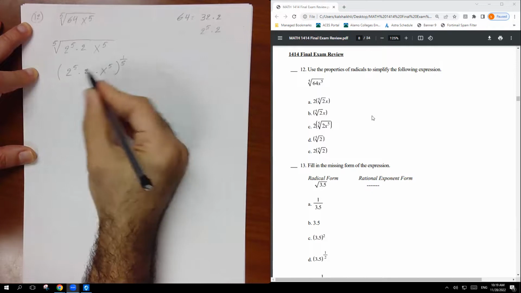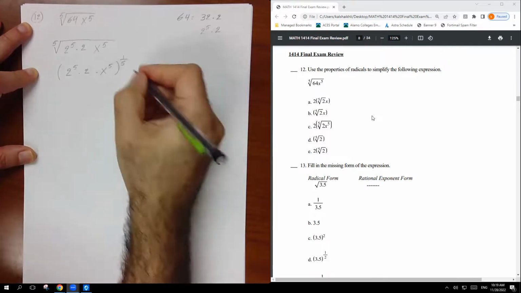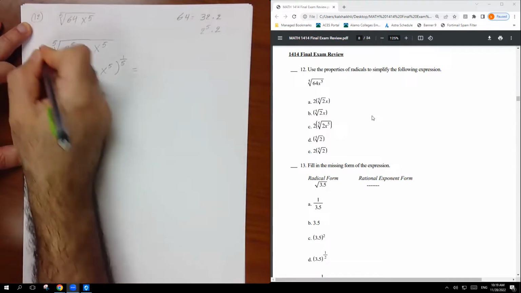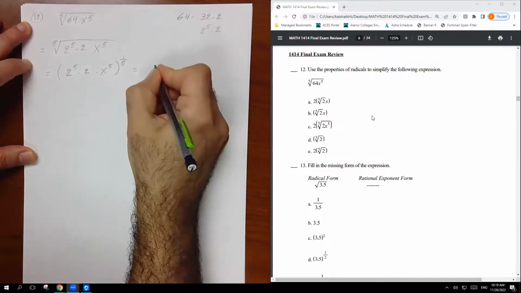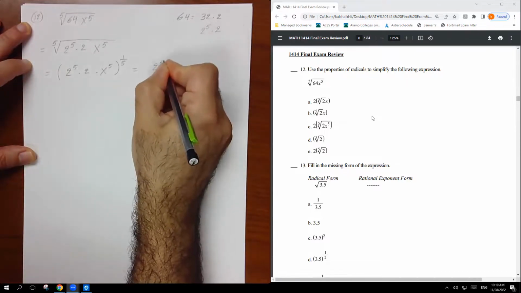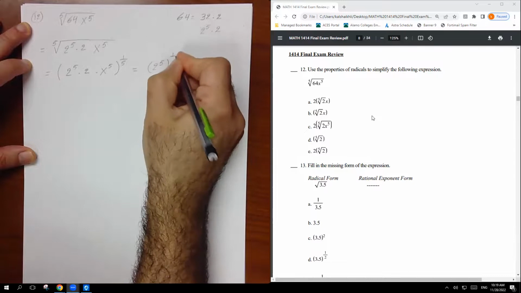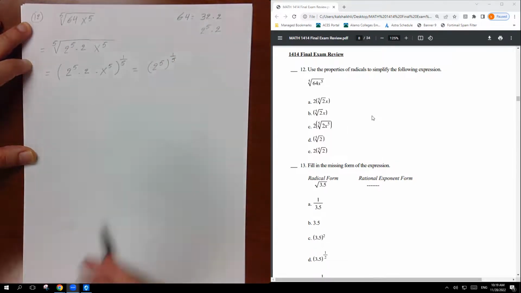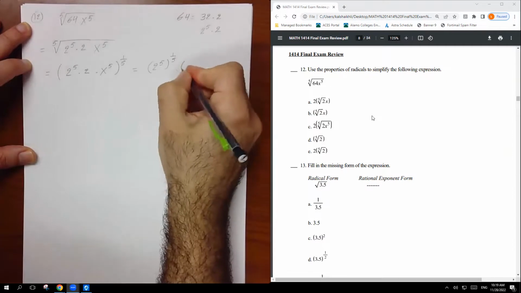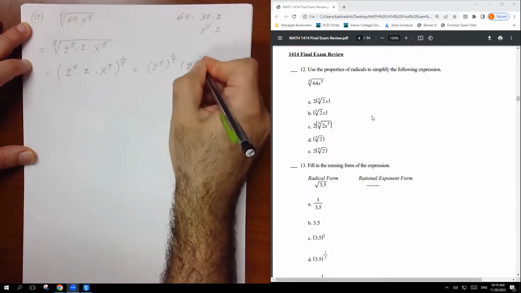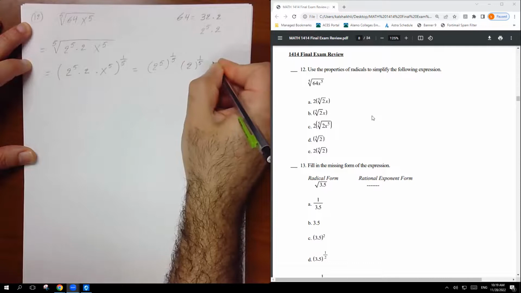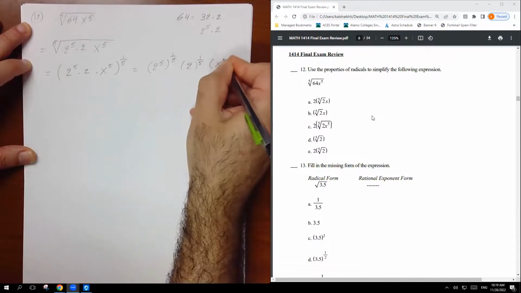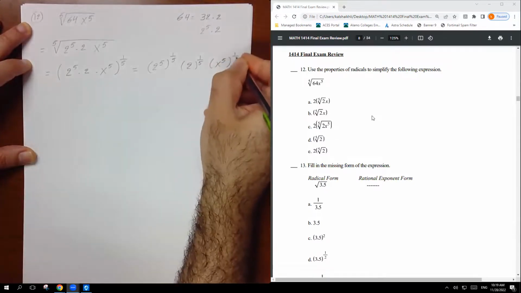Now we can distribute the exponents on each one. So this one is going to be equal 2 to the power 5, 1 over 5. And the second one is going to be just 2 to 1 over 5. And the third part, which is x to the power 5 to the power 1 over 5.